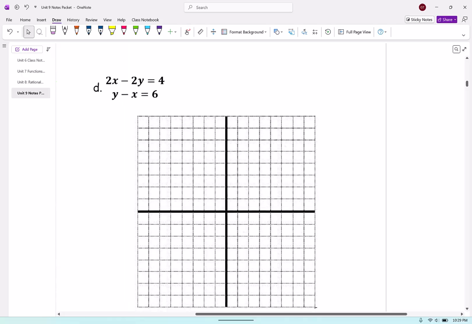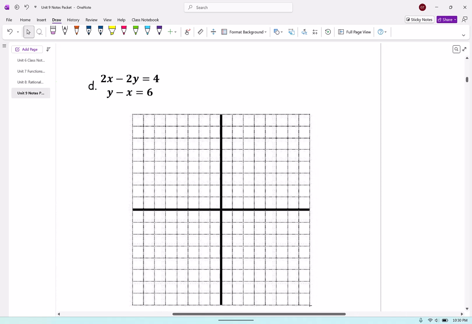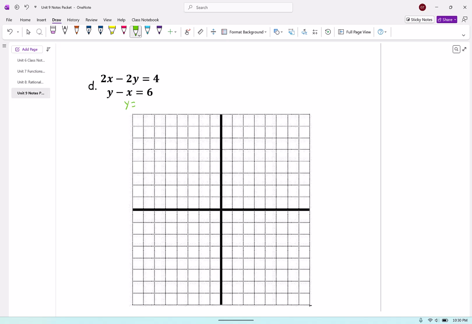All right. Take a second, pause the video so you can try rearranging and graphing these things on your own. And then when you get a shot or get stuck, unpause it and watch. All right. So the easiest one here is to convert this to y equals x plus 6.